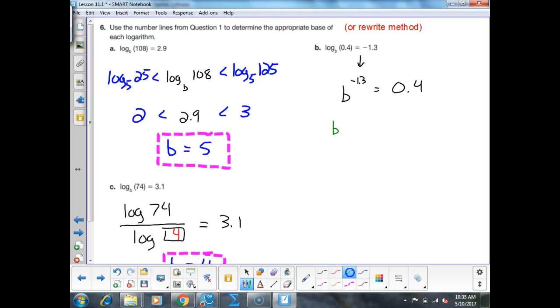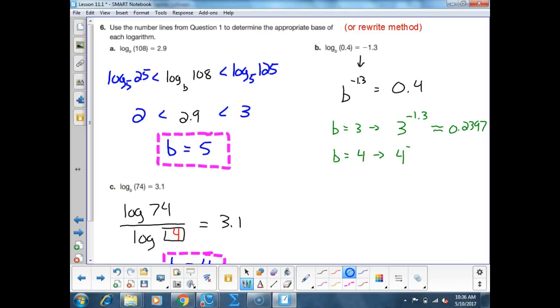So if b was equal to 3, then you could try 3 to the negative 1.3 power. Okay? That gives 0.2397. You could try b equals 4.